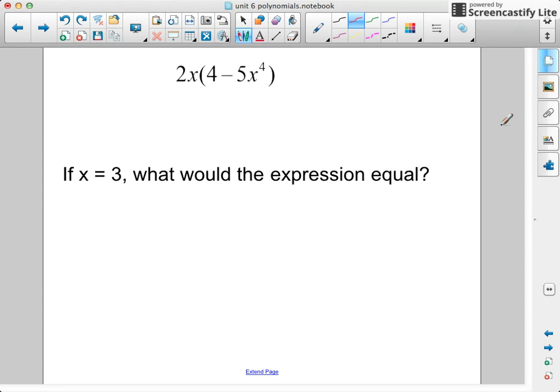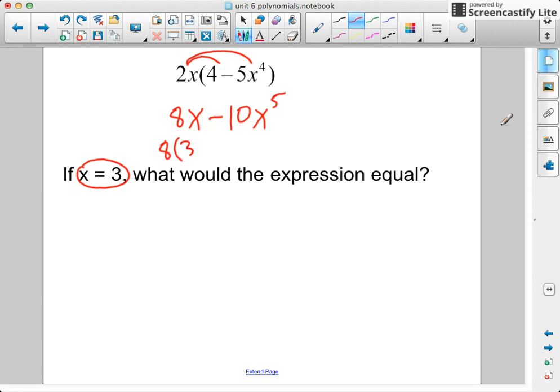You could also be given a question like this. It could say, if x equaled 3, what would this expression equal? So the easiest way is to actually do the simplifying or the multiplication first. Then you replace every x with 3. So this would give me 8x minus 10x to the exponent 5. So put 3 in for every x.